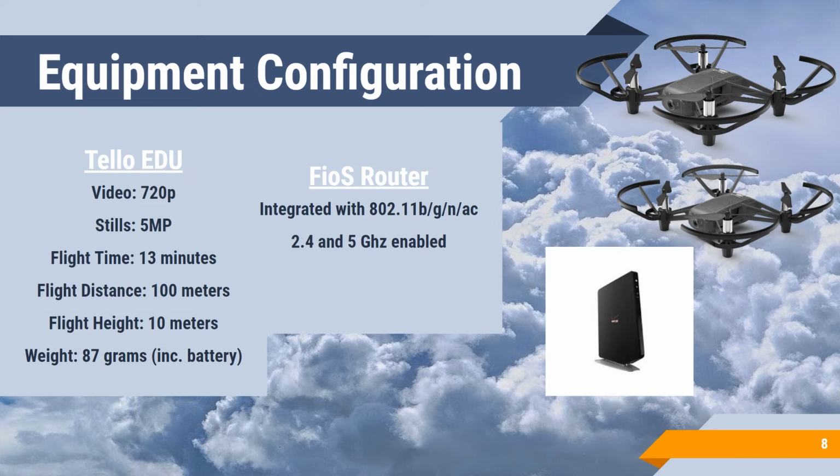The router that we used for this project is a Verizon FiOS router, and again, it's integrated with 802.11 A through Z. More specifically, we did need to make sure that the router had the 2.4 gigahertz channel enabled, because the Tello drones only communicate via 2.4 and not 5 gigahertz.